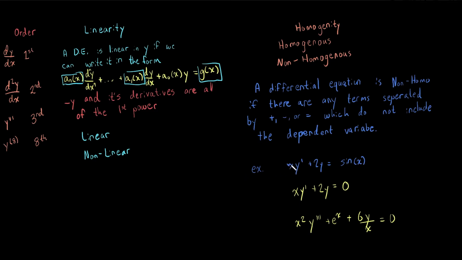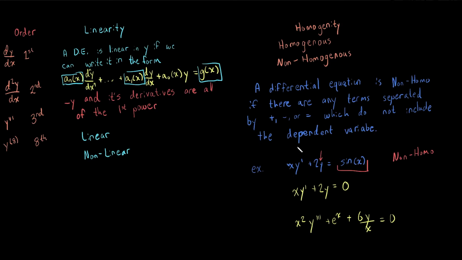So you'll notice that in our first example, we have xy prime plus 2y is equal to sine of x. We do have indeed an additive term right here in our sine of x. It doesn't include any dependent variables, our dependent variable being y. Since it does not include any dependent variables, we can classify this as a non-homogeneous differential equation.